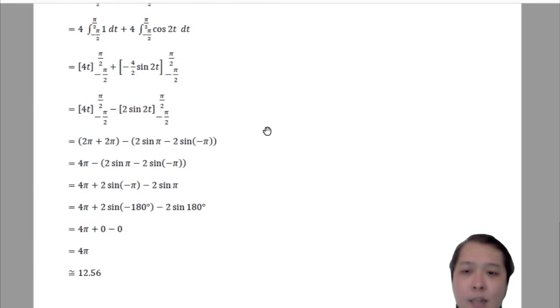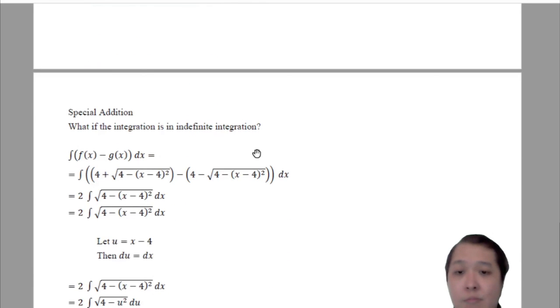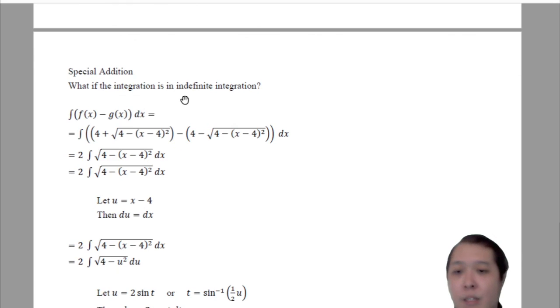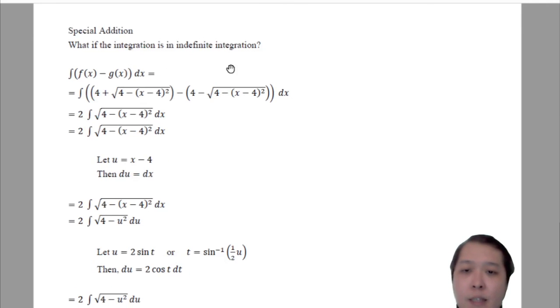And then just a special addition of information here. Let's say we're just having fun with integration here. What if the integration is indefinite integration? We do not have the interval 2 until 6.